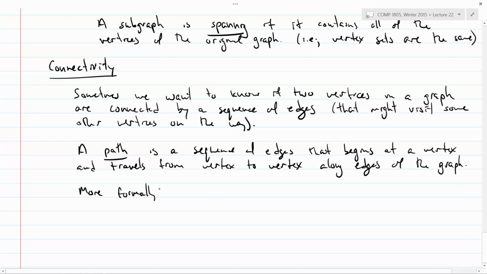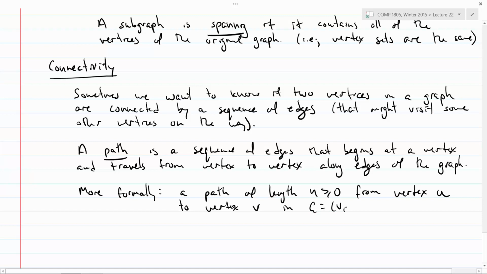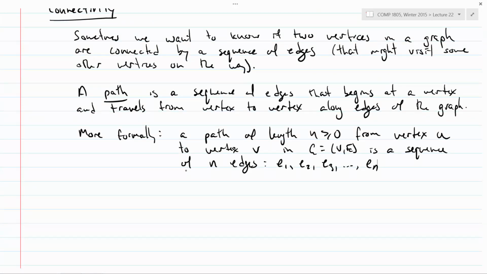More formally, a path of length n, which has to be at least 0, from vertex u to vertex v in a graph G is a sequence of n edges, and that sequence is E1, E2, E3, and so on all the way up to En, such that the following is true.